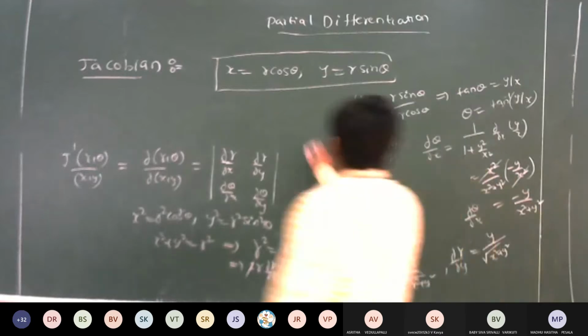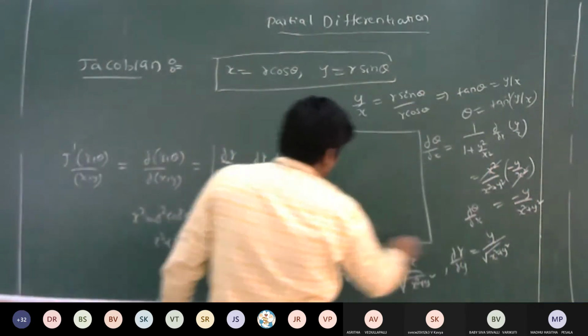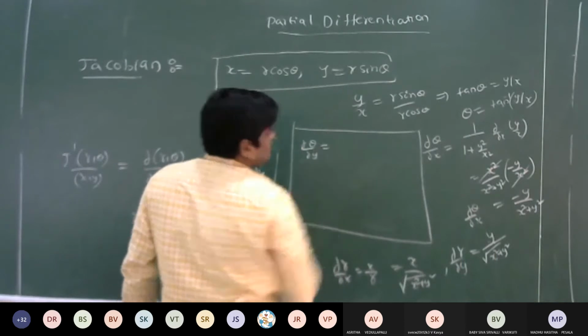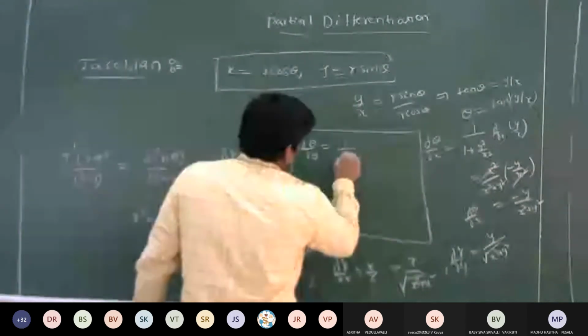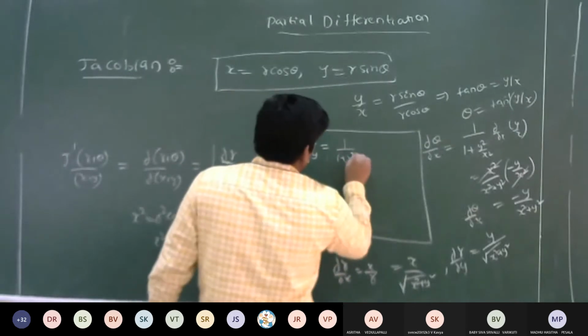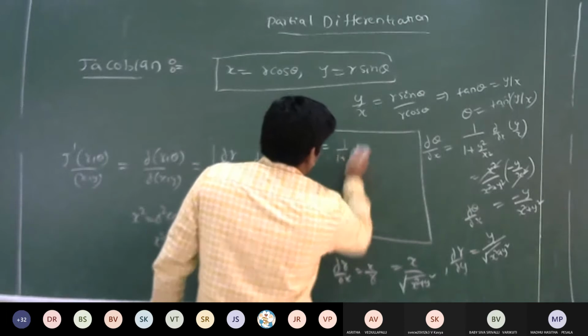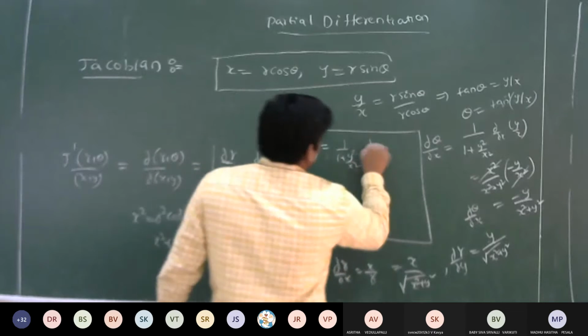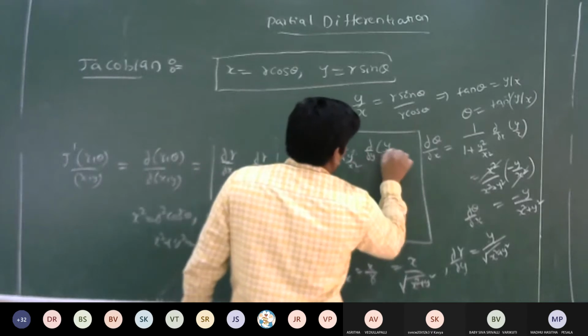Next, now calculate dou theta by dou y, by the same process. 1 by 1 plus y square by x square into dou by dou y of y by x.